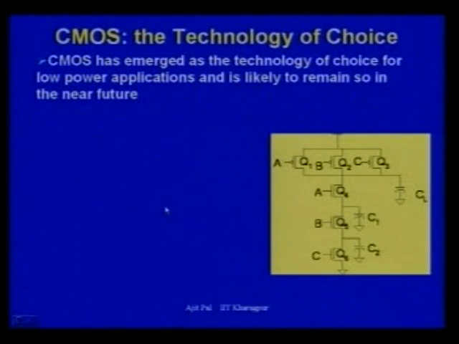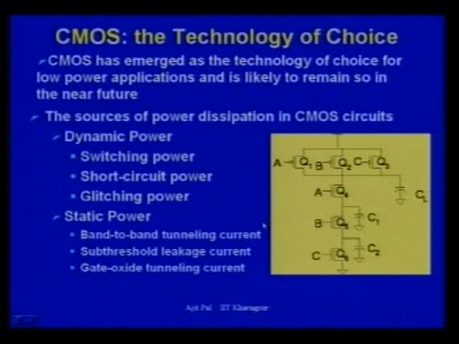Here is a schematic diagram of a CMOS circuit. As you can see, you have essentially two blocks: the NMOS block, which are pull down devices, and the PMOS block, which are pull up devices. So PMOS transistors are used to realize the pull up network, and the NMOS transistors are used to realize the pull down network.